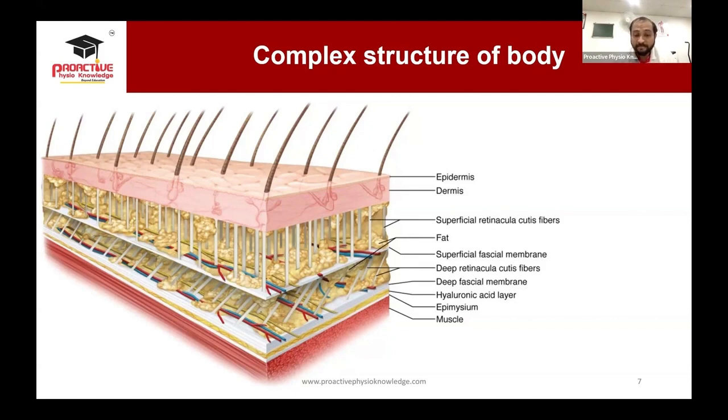The reason is there is a lack of movement between these two layers. When we are doing passive movement, we are just creating passive mobility, we are not improving the active mobility.